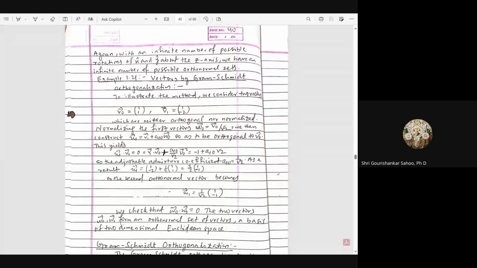This is nothing but (3, minus 3) by 2, that is 3 by 2 multiplied by the matrix (1, minus 1). So your W1 vector is equal to 1 by root 2 times the matrix (1, minus 1). You can check that W0 dot W1 is equal to 0, and these two vectors W0 and W1 form an orthonormal set, a basis of two-dimensional Euclidean space.